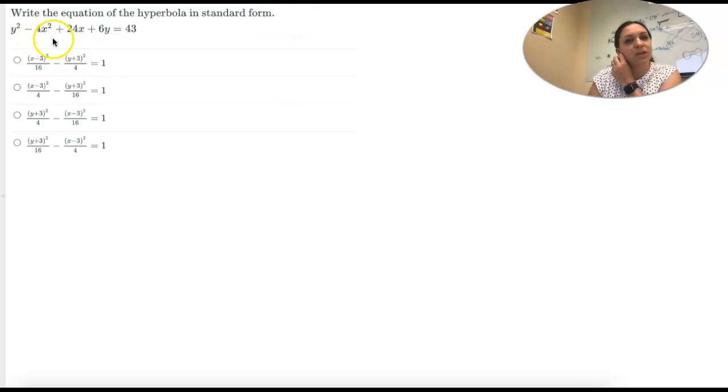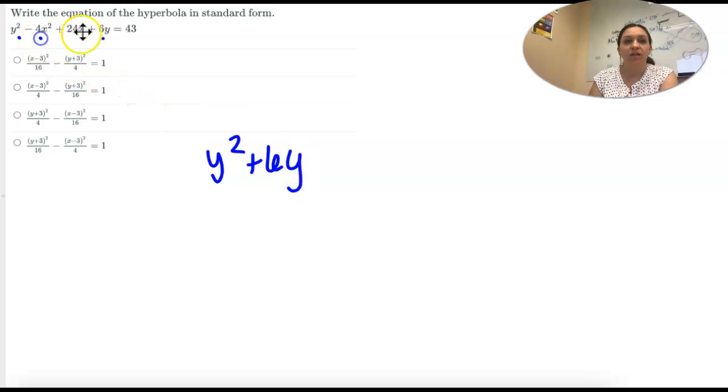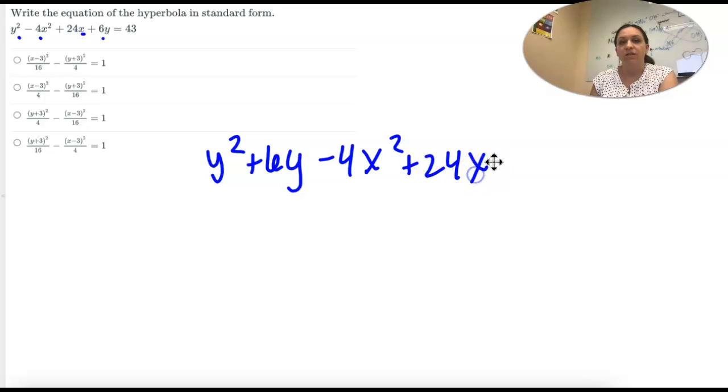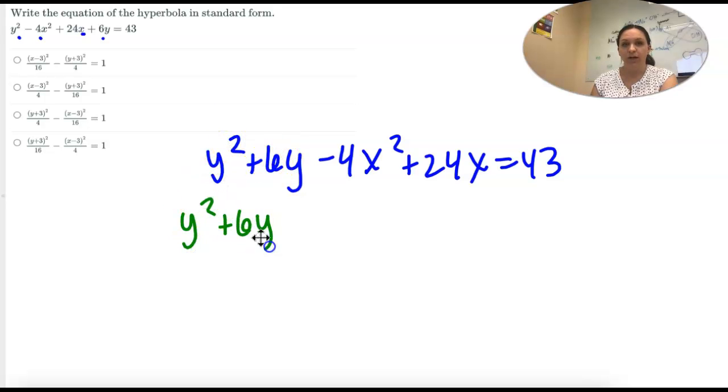Write the equation in standard form. So let's do another complete the square. I'm going to line up my y's first because I'm subtracting x squared. So this one I can already tell it's transverse along the y-axis. y squared minus 4x squared plus 24x equals 43. So we're going to pull out any numbers in front. There's nothing in front of y squared, so there's nothing to pull out, but we are still going to add something on there.